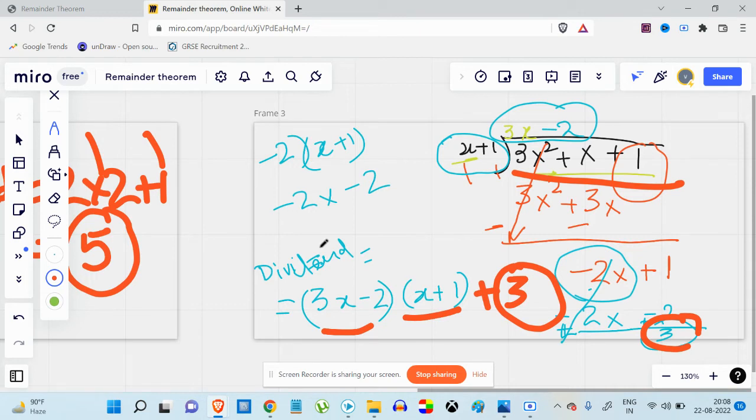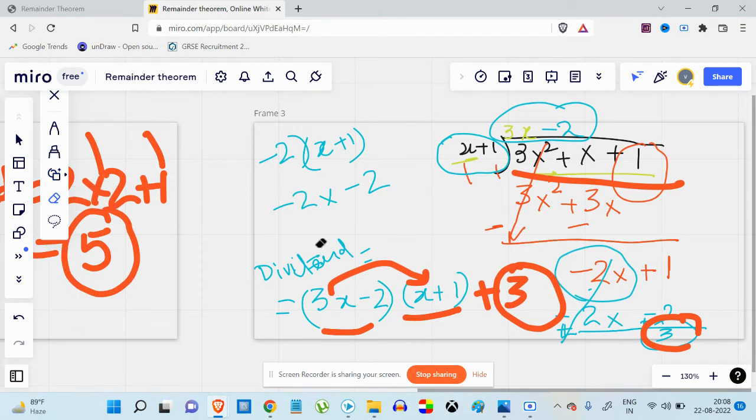Now just do one thing. This expression will turn out to be 3x square plus x plus 1. You can do the multiplication on your rough book and verify that. So let me do it for you, so you can do it together with me.